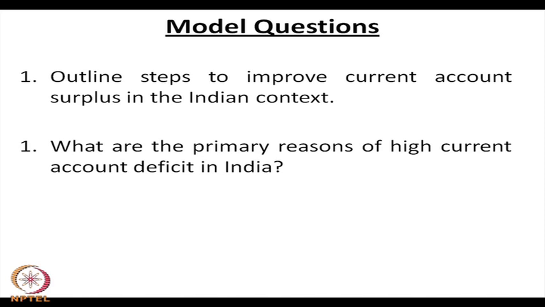To maintain a current account surplus, we have to see the main components of the current account. As I mentioned in the session, the current account has exports, imports and the invisible side. Exports and imports form the merchandise or trade account.